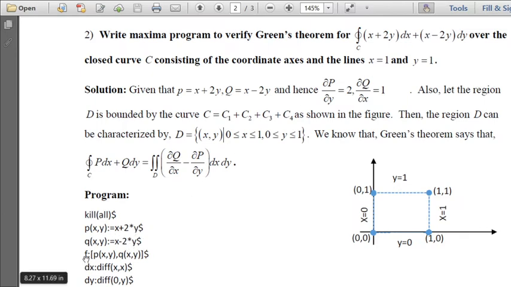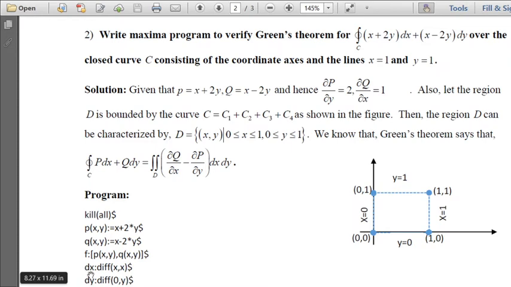You have written, and your f is list P of xy comma q of xy, and in the first curve, that is over C1 here, your y is 0. So your dy is 0. You know, in the case of line integral, we have to make one variable in terms of the other, that is eliminate y and write it in terms of x only. So when y is 0, dy is also 0.